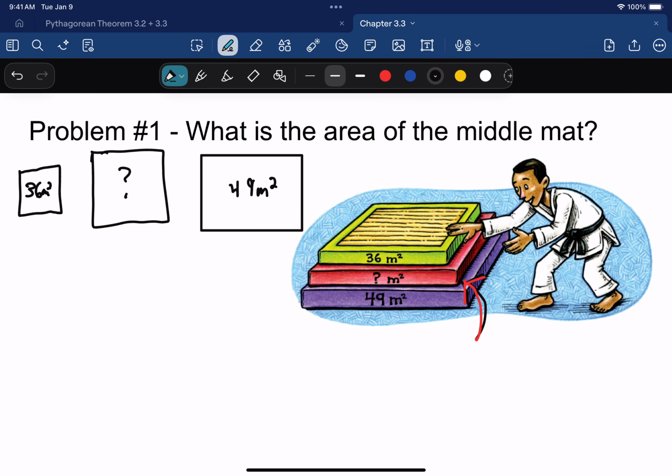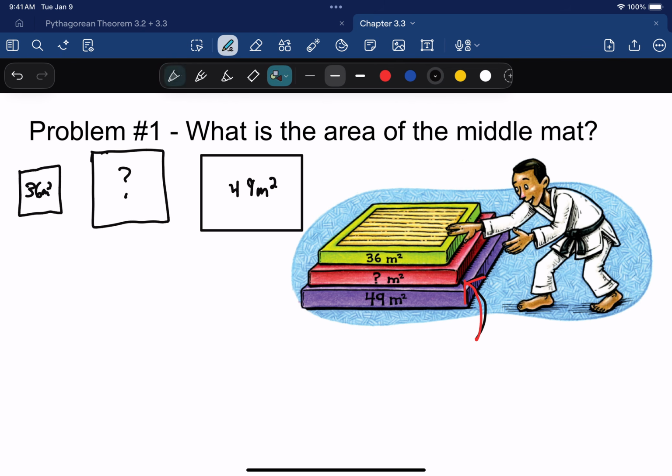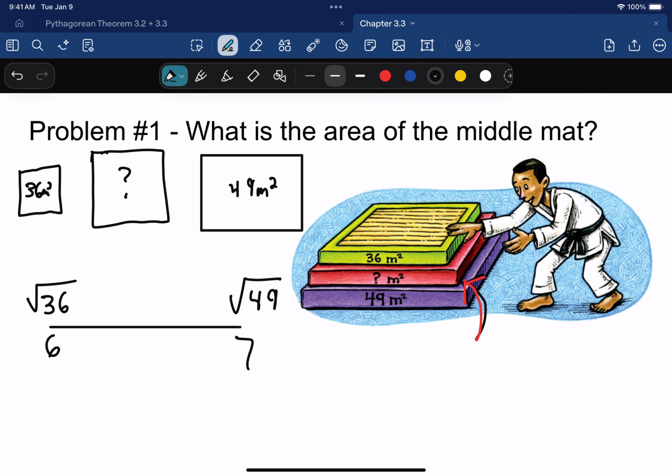So if we were to sketch out our number line again, we would have the square root of 36. These are perfect squares, which is nice, is 6. And this one is 49, which is 7. Okay, so now we could see that probably in the middle here, between 36 and 49, maybe somewhere around 41, 42.